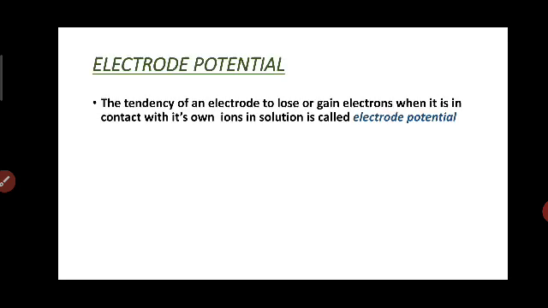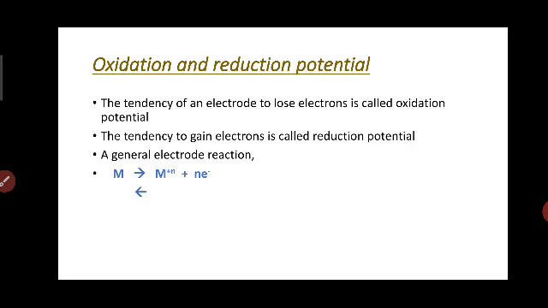And the standard electrode, how do we have to call it the standard electrode? When we standardize the electrode potential, what is the electrode potential? Electrode potential is the capacity or tendency of an electrode to lose or gain electrons. If the losing capacity, it is called oxidation potential; if the gaining capacity, it is called reduction potential.